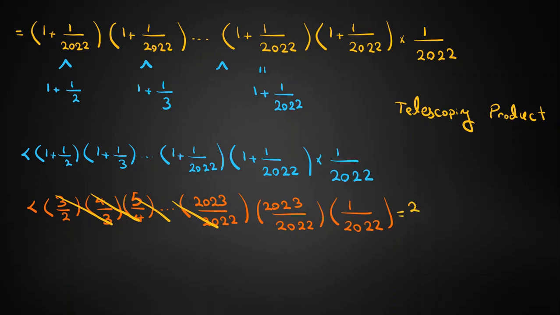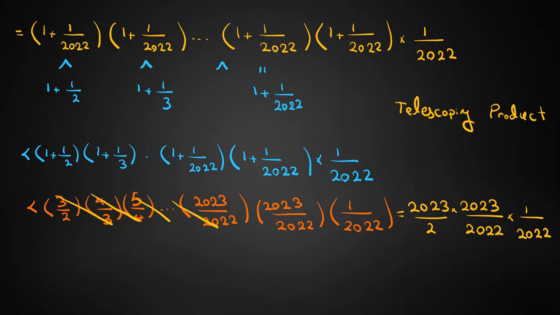The thing that is left is 2023 times the next part, 2023 over 2022 times 1 over 2022. And also we have 1, 2 here. So let's write 2023 over 2. Now you can calculate the numerator and the denominator to see if it is less than 1 or not.